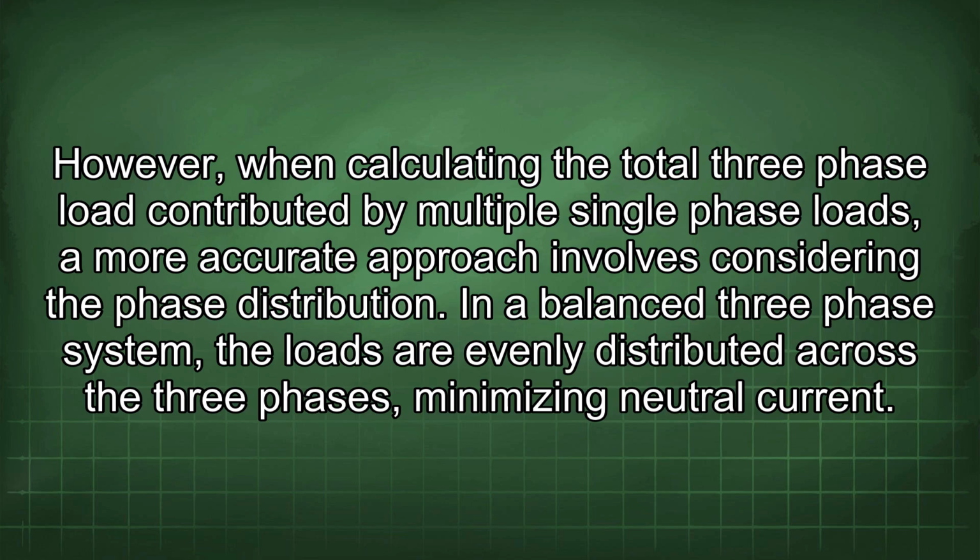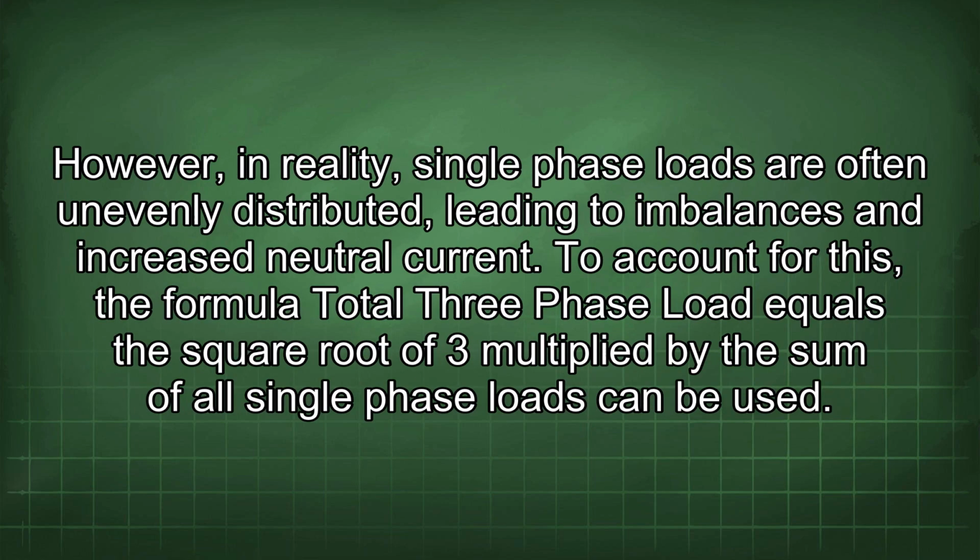However, when calculating the total three-phase load contributed by multiple single-phase loads, a more accurate approach involves considering the phase distribution. In a balanced three-phase system, the loads are evenly distributed across the three phases, minimizing neutral current. However, in reality, single-phase loads are often unevenly distributed, leading to imbalances and increased neutral current.